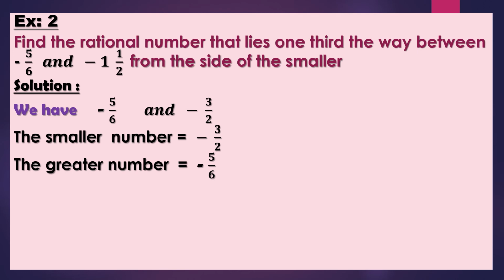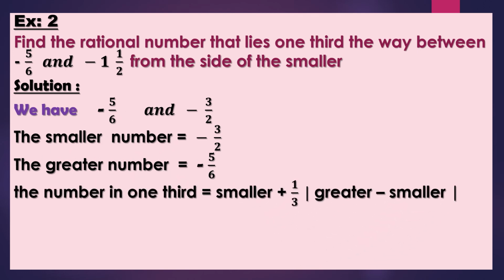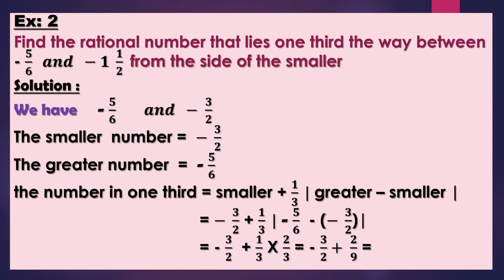The number that lies one third of the way between those numbers will equal, by using this rule, smaller plus 1 over 3 absolute value of greater minus smaller. We substitute the smaller and the greater number as follows: negative 3 over 2 plus 1 third, absolute value of negative 5 over 6 minus negative 3 over 2, which is equal to negative 3 over 2 plus 1 over 3 times 2 over 3.